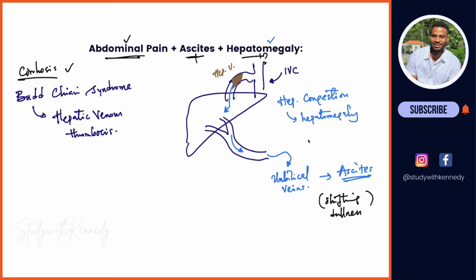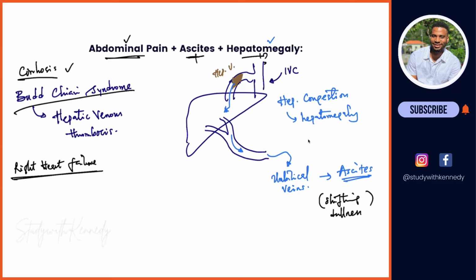All right, so we have this. Potentially, the liver is congested, there is ascites. Somebody is going to ask, how do you differentiate this from right heart failure? What's the difference between these symptoms I have described, between Budd-Chiari syndrome and right heart failure? Well, in right heart failure, the liver is going to get congested.